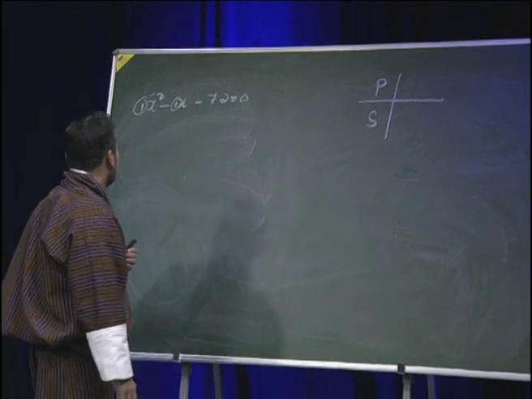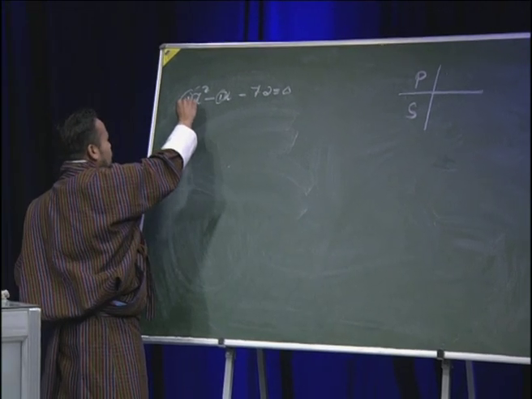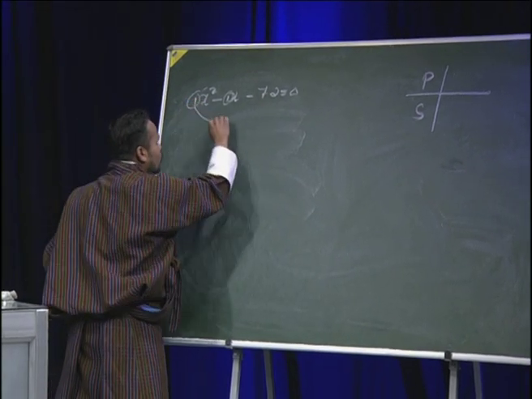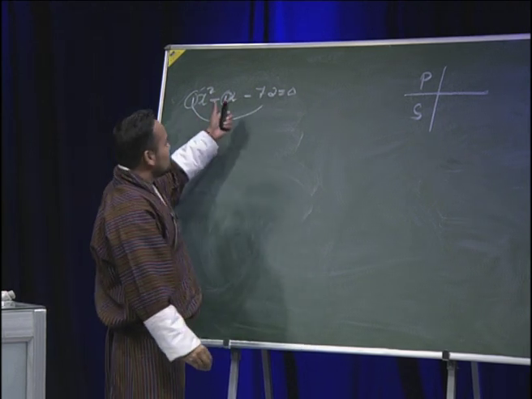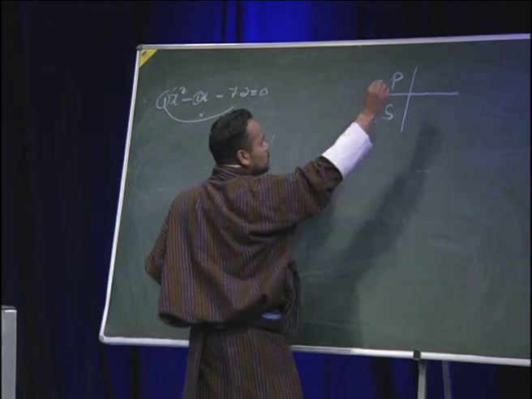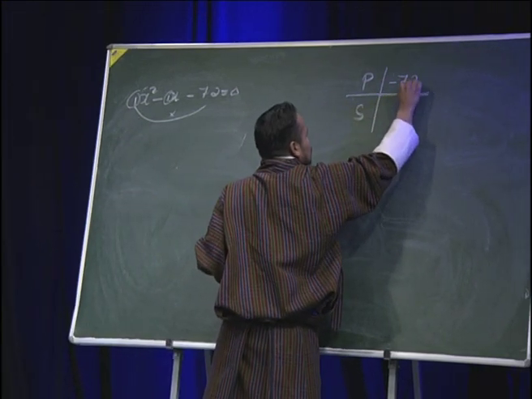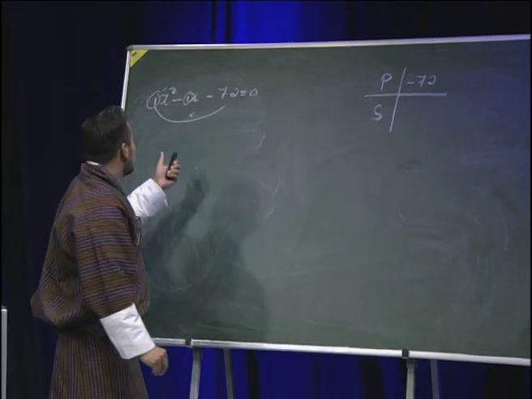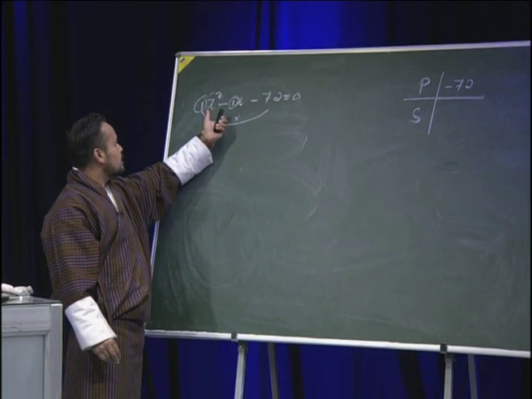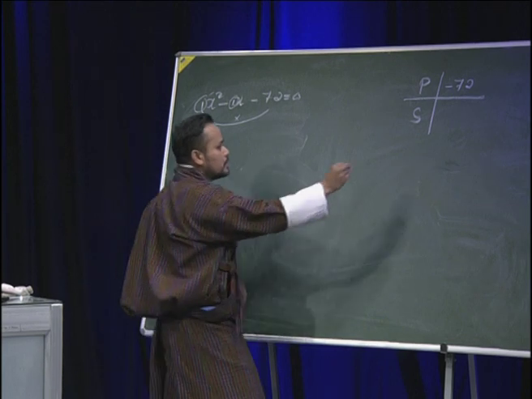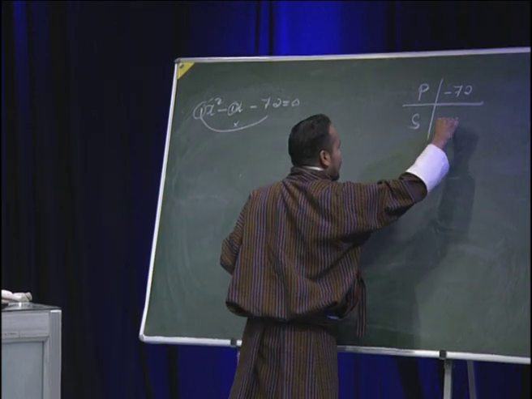What is the product? You multiply the coefficient of x square with the constant term. So the product is 1 times negative 72, which is equal to negative 72. Here the sum is the coefficient of x. I have the coefficient of x as negative 1. So the sum is equal to negative 1.